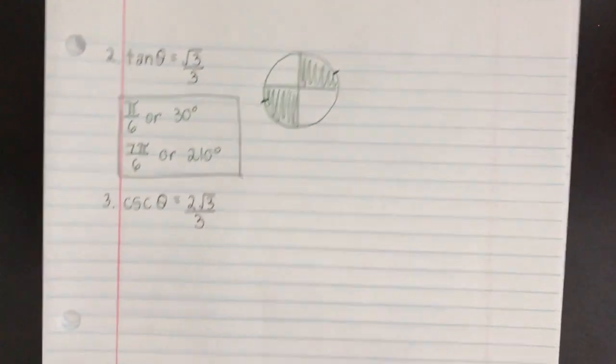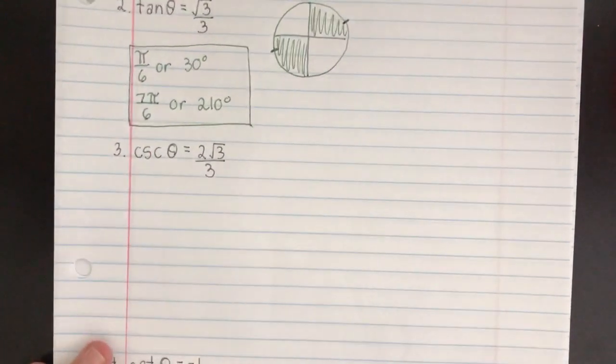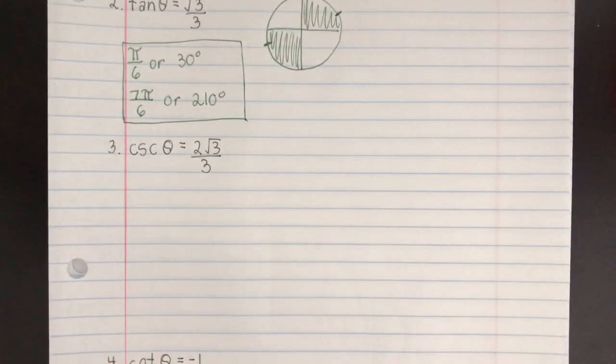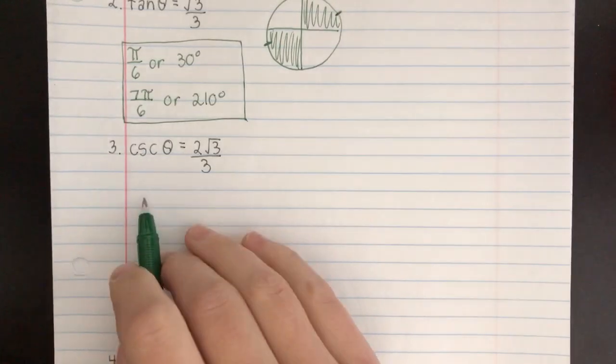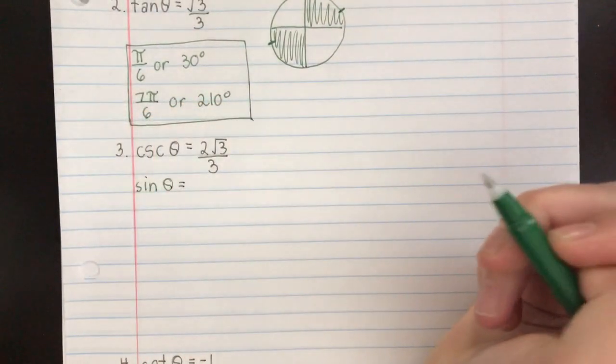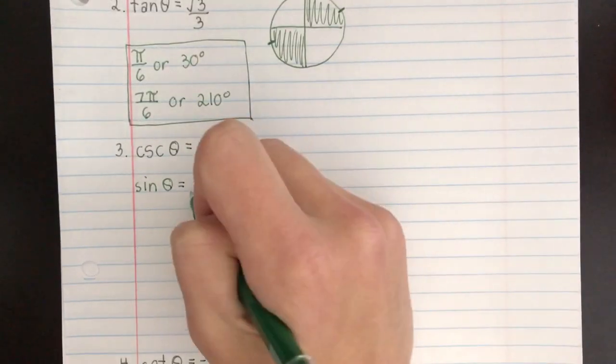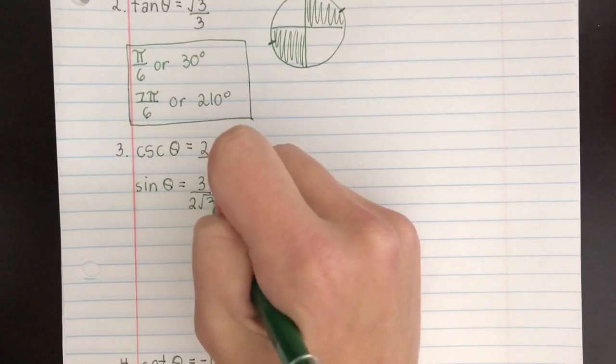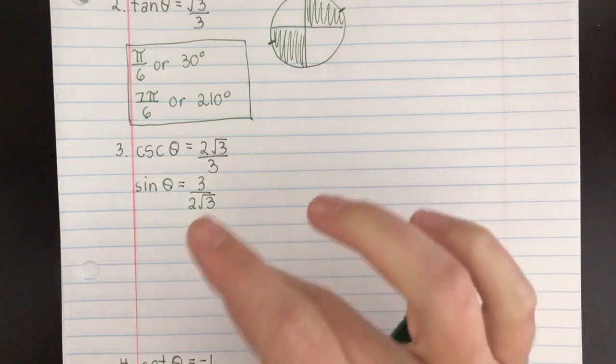All right, so next, cosecant of theta equals 2 square root of 3 over 3. Remember that cosecant is the reciprocal of sine. So sine of theta must be 3 over 2 square root of 3, because these are reciprocals.